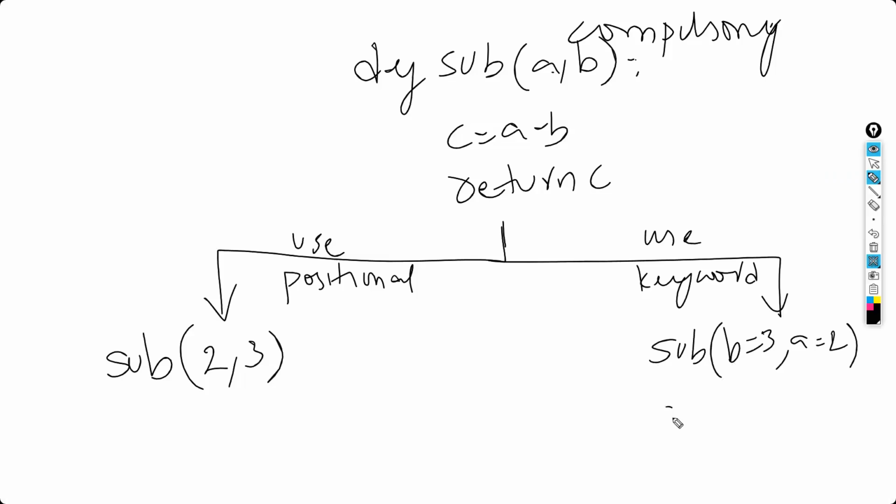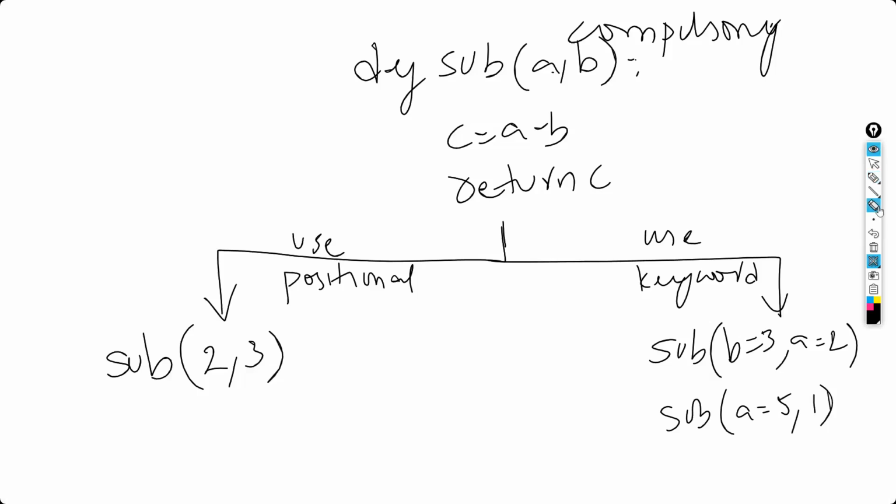Now sub of A is equal to 5, and for B I will not write the keyword, I will write just 1. Means one is a keyword argument, one is a positional argument. Is that okay? It is not advisable. You can go with either positional or keyword: keep all the arguments either in positional or all in keyword.